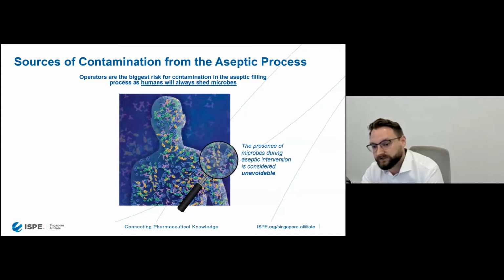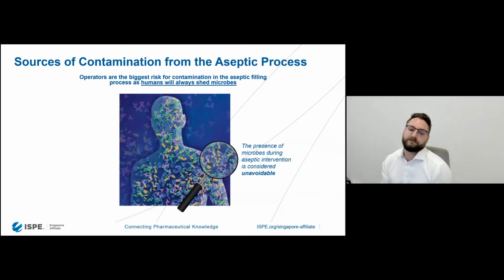Humans will always shed microbes, and the presence of microbes during an aseptic intervention is considered unavoidable. So that's the key takeaway here: whenever operators are involved in the aseptic process, it is assumed they will contaminate the process 100%.